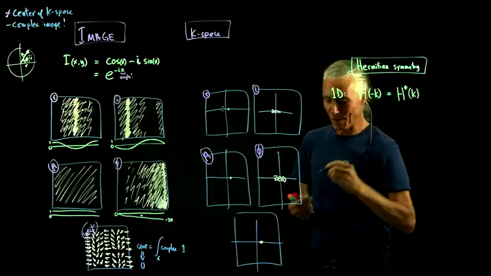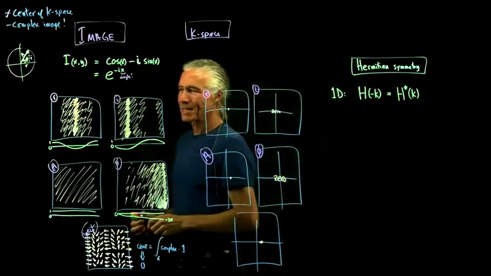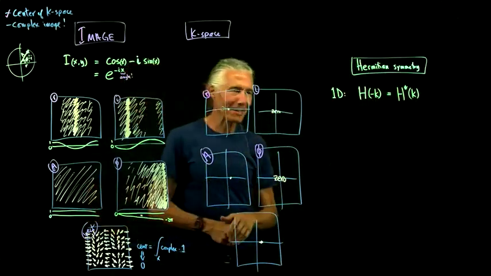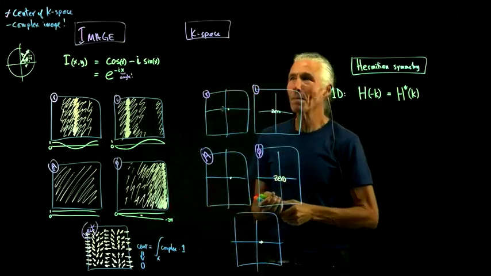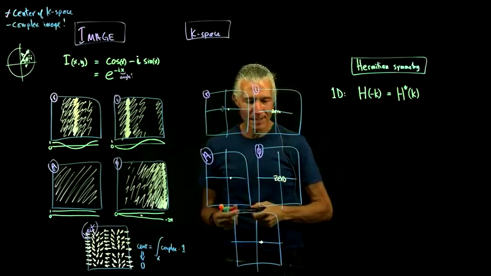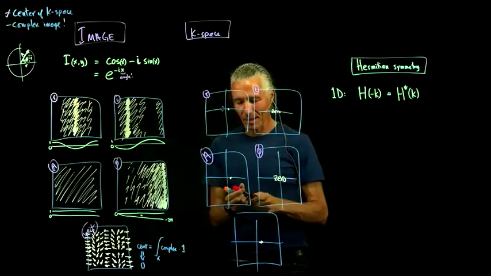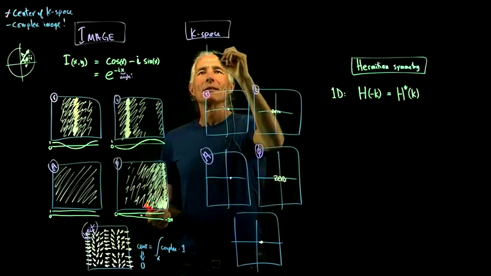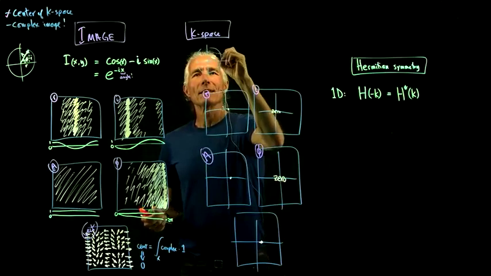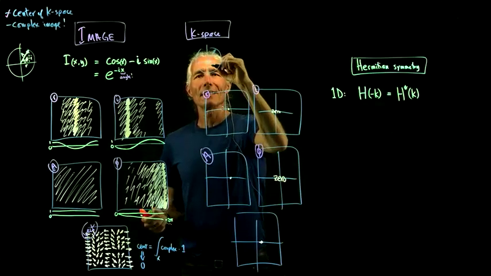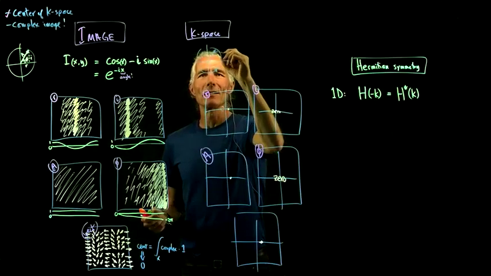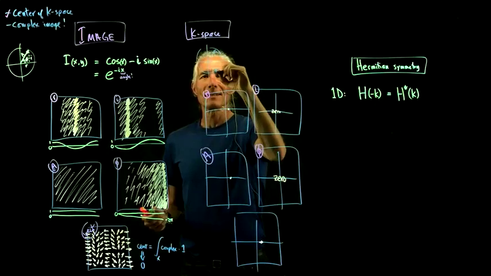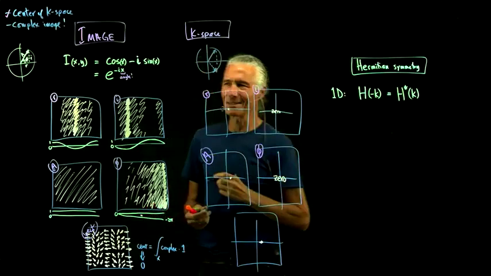Now, if you're like me, complex conjugate, I don't know what that means. What is the complex conjugate? We've already done the complex conjugate multiple times. Whenever we look at something like that versus the negative angle, that's basically the complex conjugate.